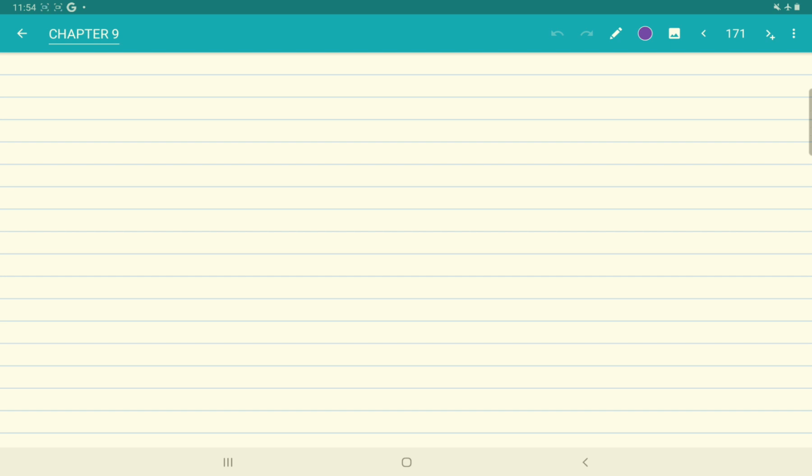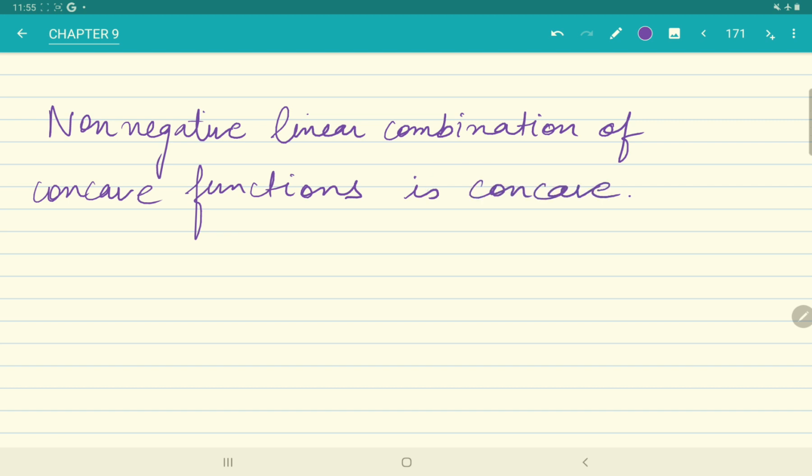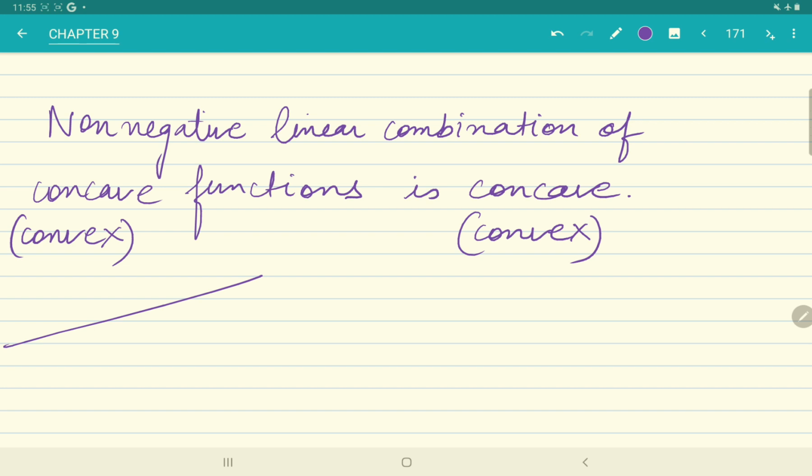So that's something we have to keep in mind while solving the questions, that a non-negative linear combination of concave functions is concave.